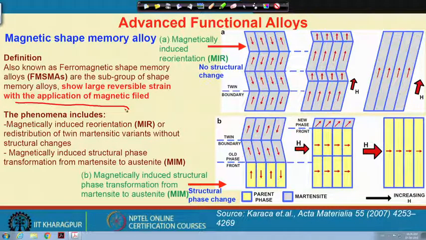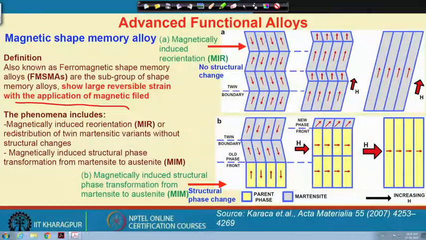What I want to say in short is that there are two phenomena that are important to understand the phase changes or magnetic domain change by the application of an external magnetic field. These two effects give us magnetically induced reorientation and redistribution of twin martensite variants.